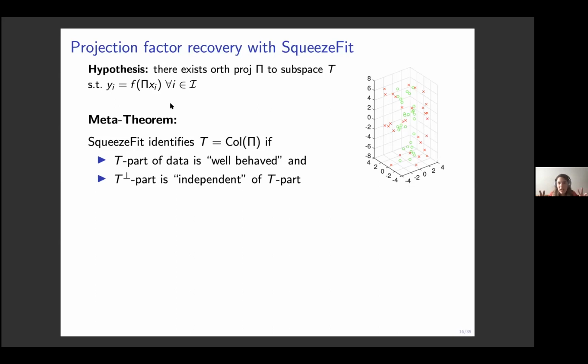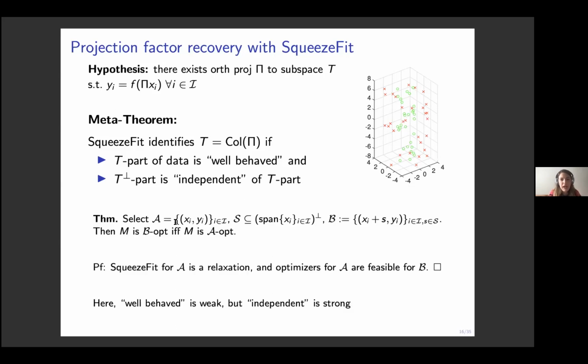So this is just like a meta theorem, and we have a couple of instances of it saying what we can actually prove in this setting. The simplest example is the following instance of this theorem. Say that you have A, that is just some points with some labels, and what you do is you take some subset included in the orthogonal complement of the span of the data, and you add that to every point.